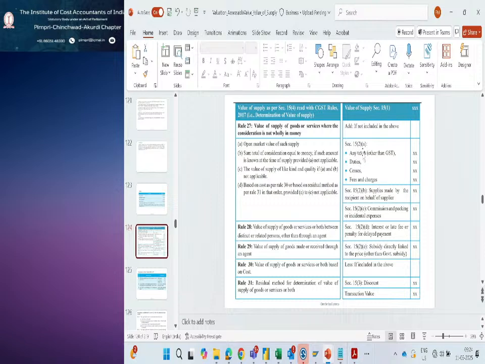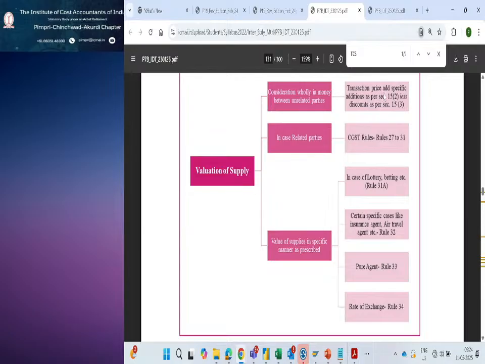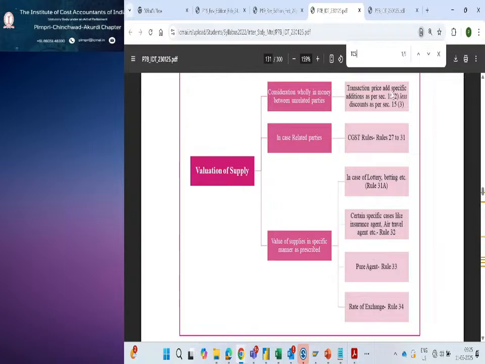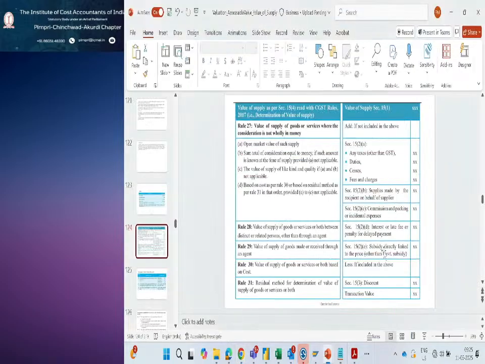My screen is visible, right? Here in our material, it shows 15 subsection 2. Subsection 2 means we have these many breakups. You have to remember what A, B, C, D and E are. These are the transactions which need to be added to the transaction price, and 15 subsection 3 is discount.